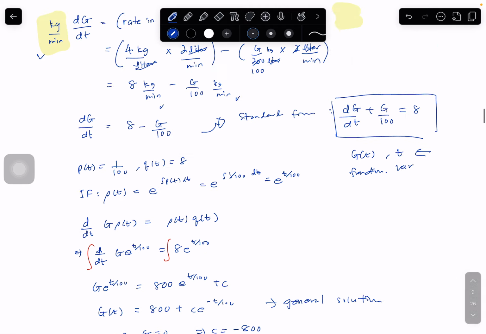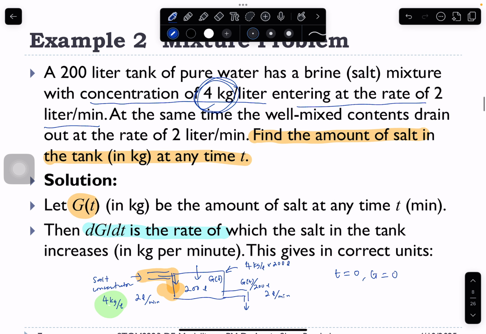So let's check. It says that when we put the salt into the water, the tank, the amount of salt at any time t is G over 200.